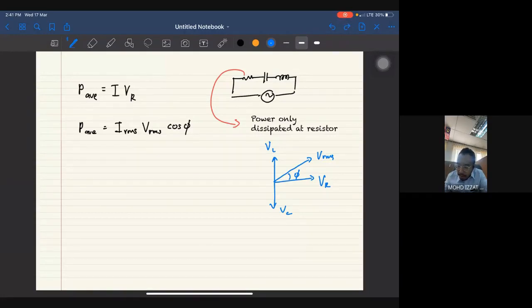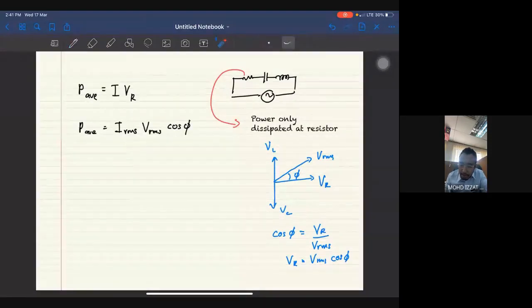So VR here, let's say if I write cos phi, cos phi is equals to adjacent per hypotenuse. So it will be VR divided by VRMS. So my VR actually you can write as VRMS cos phi. So you can use VRMS with a condition that you need to use cos phi.